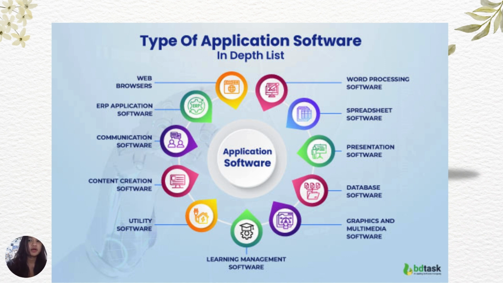Communication software, like we can communicate in Messenger, Instagram, and other social media platforms. Content creation software, like we have editing tools like CapCut. What else? Editing software that you can use when you are going to create content.